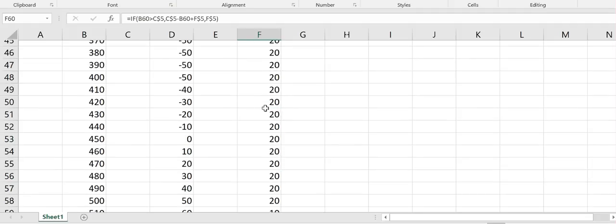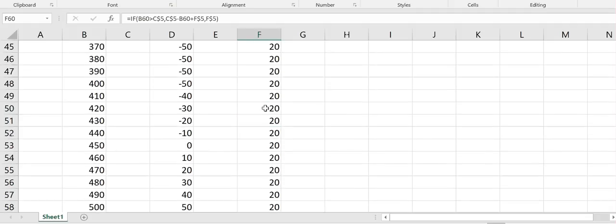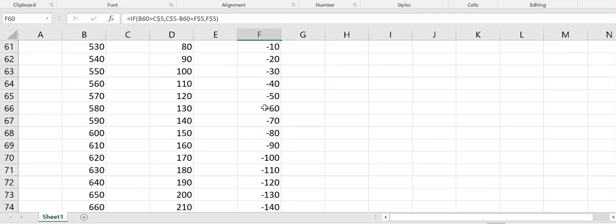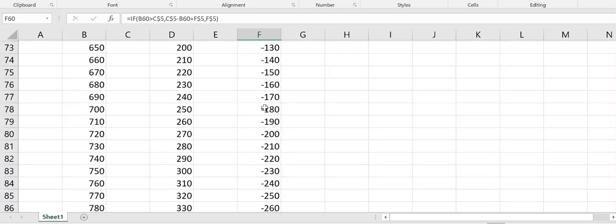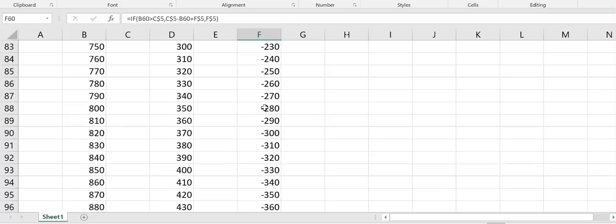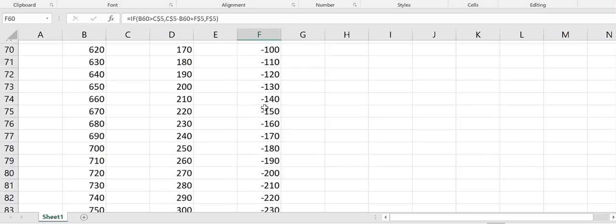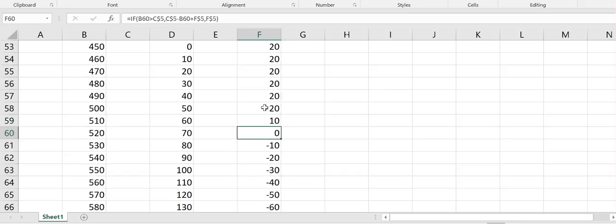When we go to $500, then we start to see a decrease, and then as soon as the premium is satisfied, we go to a break-even point, so $520.